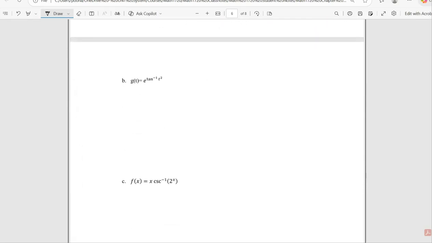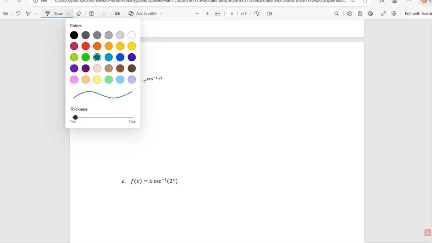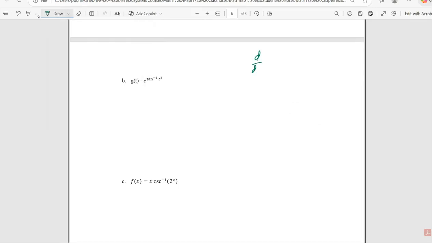Let's look at this one. This has an exponential function, e to the power tangent inverse. Let me remind you of the rule: the derivative of tangent inverse x is 1 by 1 plus x squared. Let's use that.